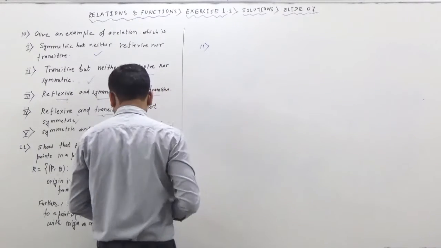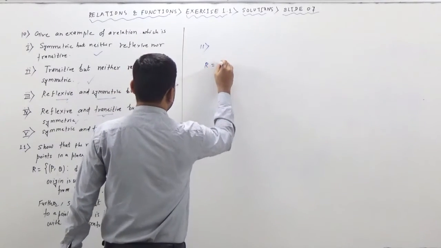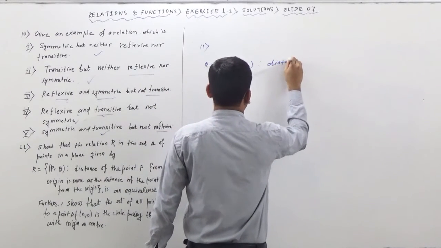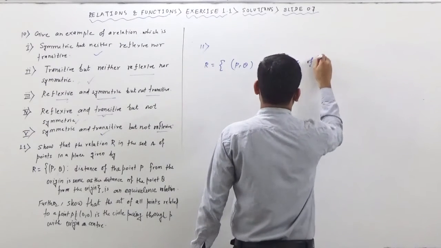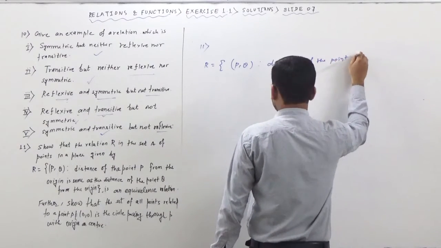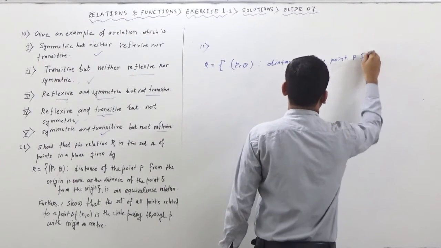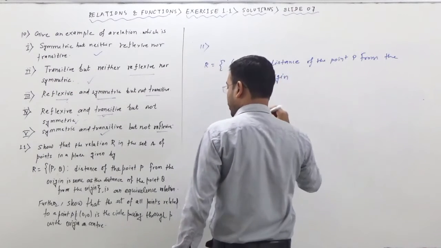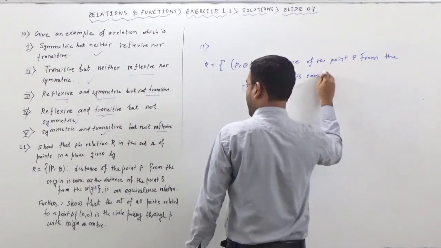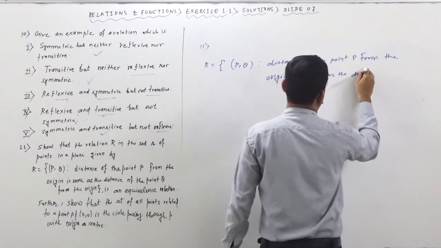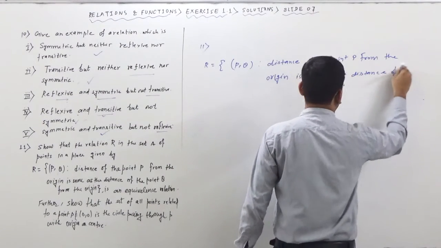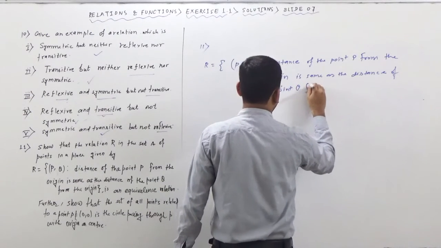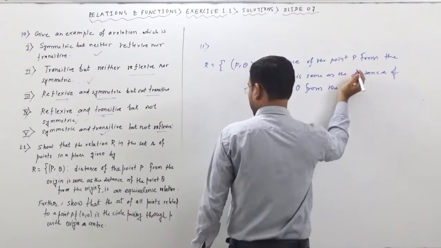Now the relation is defined as R equal to P comma Q, such that the distance of the point P from the origin is the same as the distance of the point Q from the origin, right?